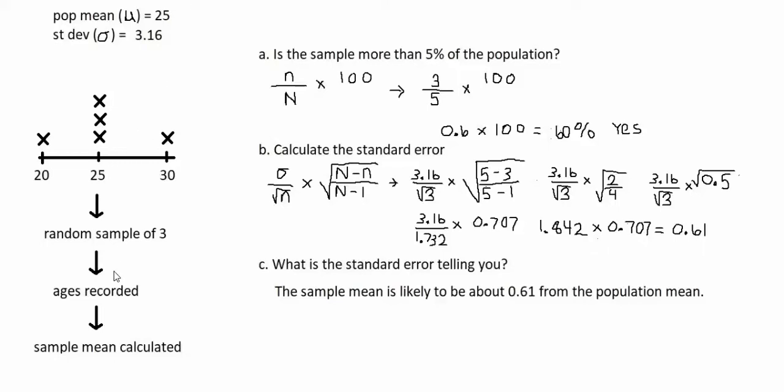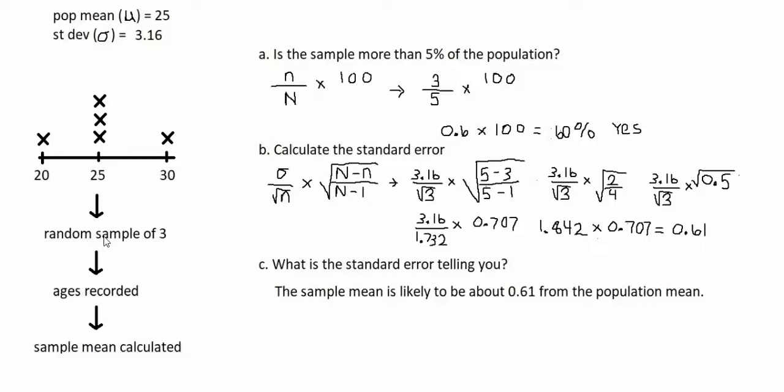But we don't know what the sample mean is going to come out to because it depends on which 3 people happen to be selected. For example, if these 3 25s happen to be selected, these 3 middle people, then the sample will have 3 25-year-olds and the sample mean will be 25.